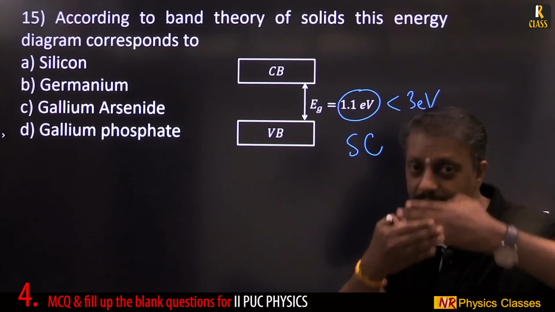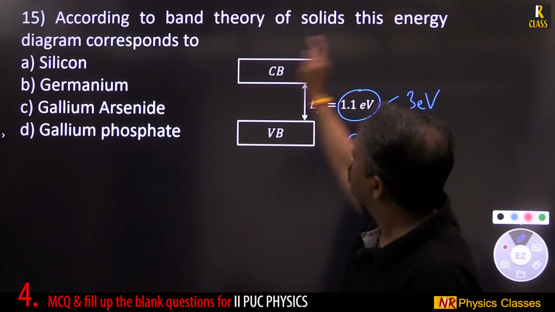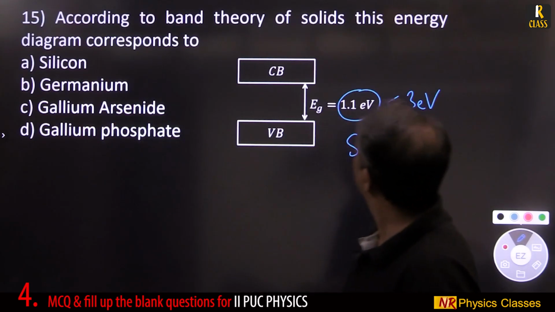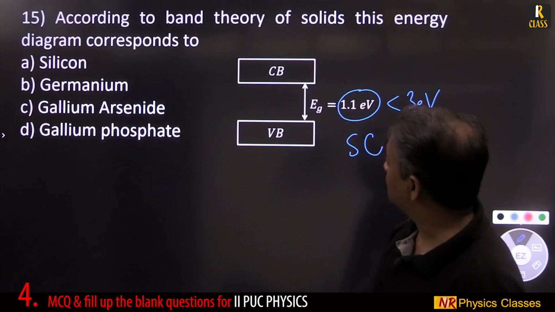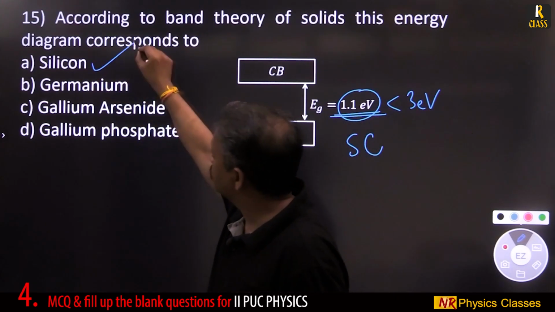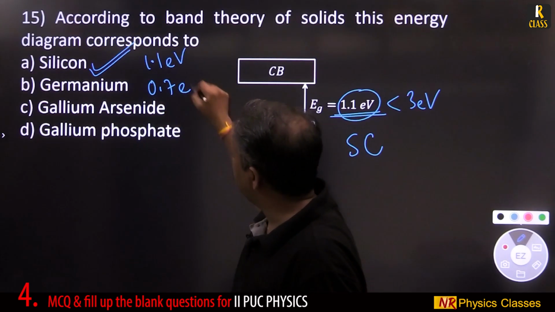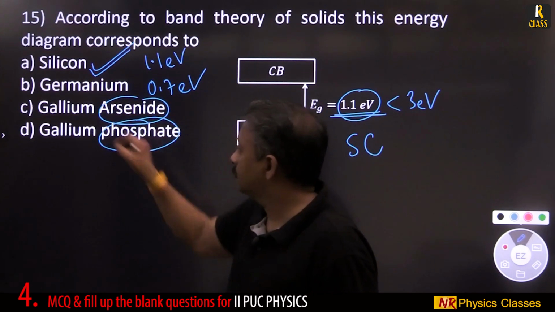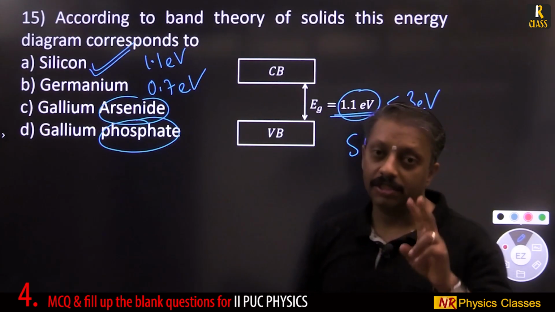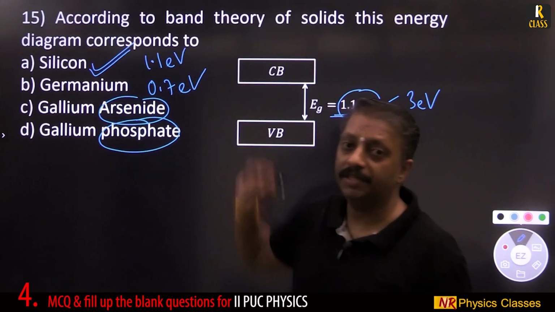If the bands overlap, conductor. Silicon, germanium, gallium arsenide, gallium phosphide. The diagram corresponds to which? The value is given, this is for silicon. Silicon 1.1 eV, germanium 0.7 eV. Don't worry about the other two. Usually in 12th standard, in this chapter, we concentrate on silicon and germanium.